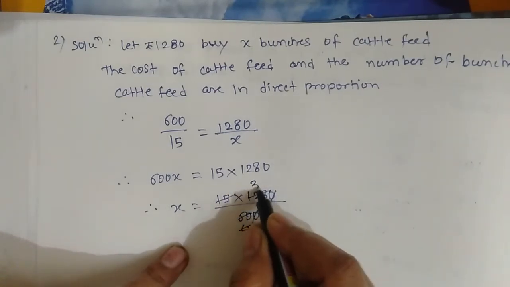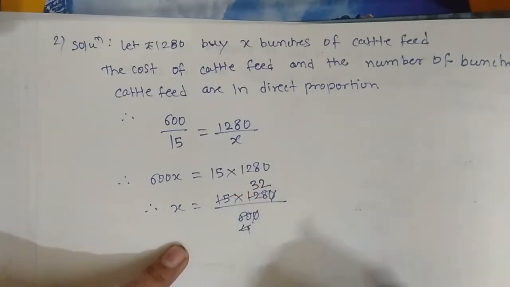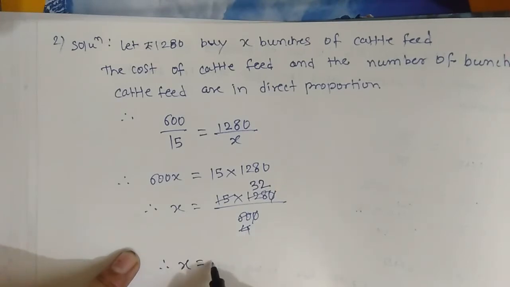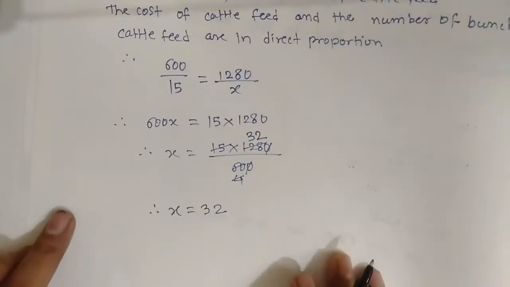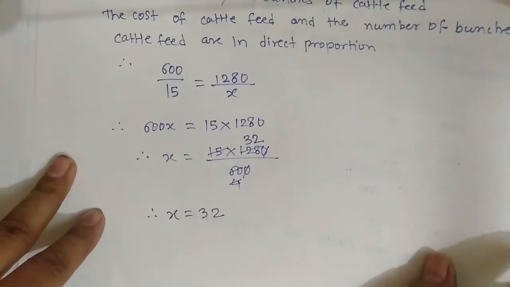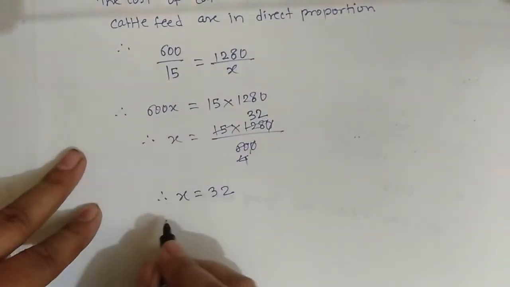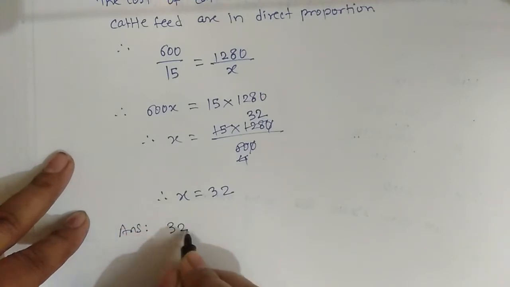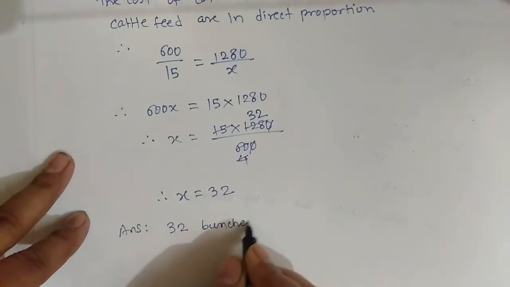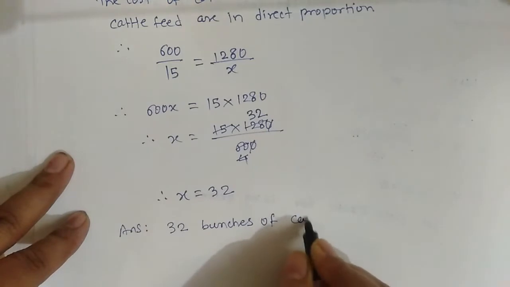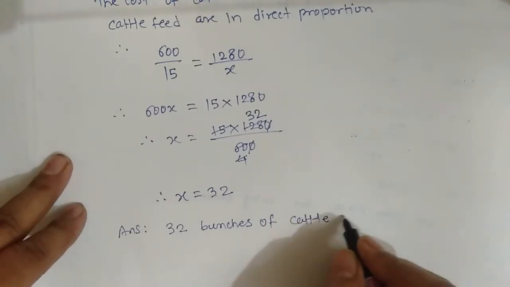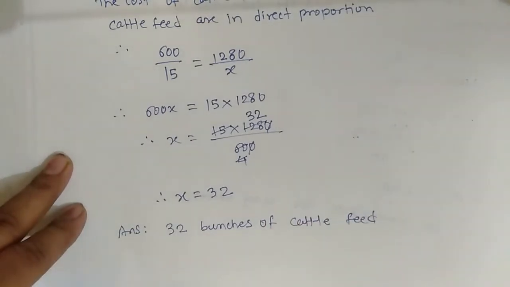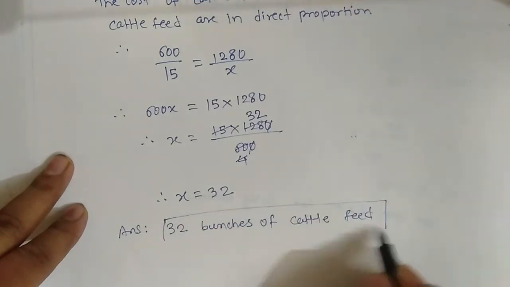So, 4 3s are 12. 4 2s are 8. So, therefore, x is equal to 32. Write down the answer line. So, answer is equal to 32 bunches of cattle feed. This is the answer.